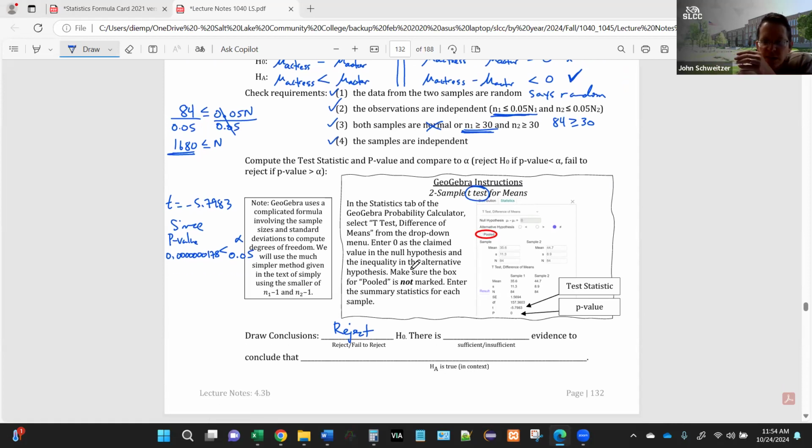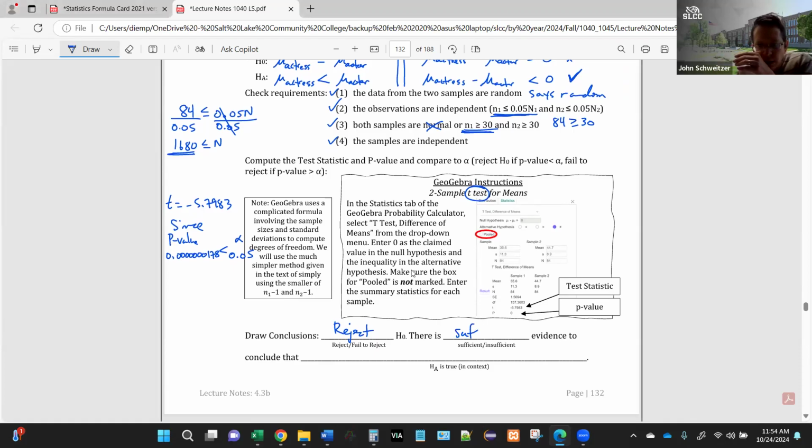Okay, so we would say there is sufficient evidence to conclude that the alternative is true, but we don't say alternative is true at this point.